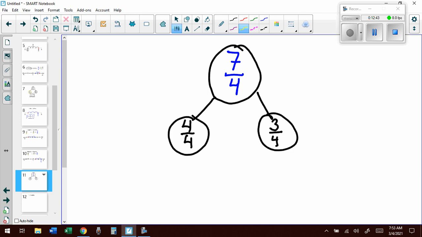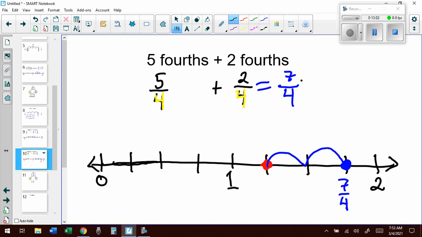How many 1/2 pieces do we have? We have 1 1/2. And what's our leftover? 3/4. So in answer to our question, 5/4 plus 2/4 equals 7/4, which is 1 and 3/4.